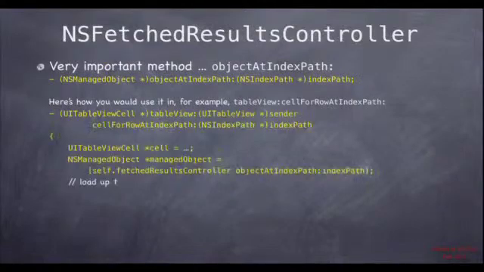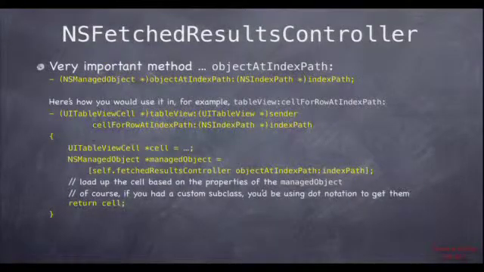Okay? So the bottom line is it does all the work for you except for cellForRowAtIndexPath. And even cellForRowAtIndexPath is easy to implement because of this method in the fetched results controller called objectAtIndexPath. You give it an index path in the table, and it will return to you the NSManagedObject that's being displayed at that row in the table. Okay? Exactly what you want, basically.